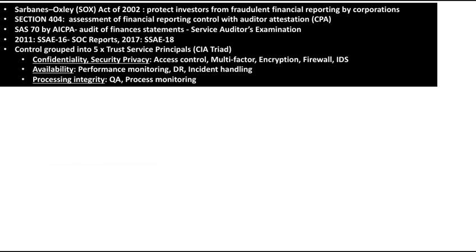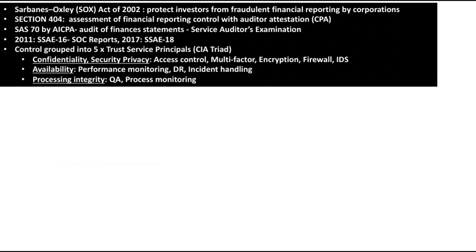So as per confidentiality, security and privacy, the access control, multi-factor authentication, encryption, firewall and IDSs are to be in place. And as per the availability requirement, the processes for performance monitoring, disaster recovery and incident handling are to be functional.